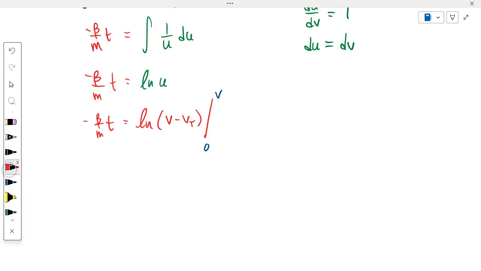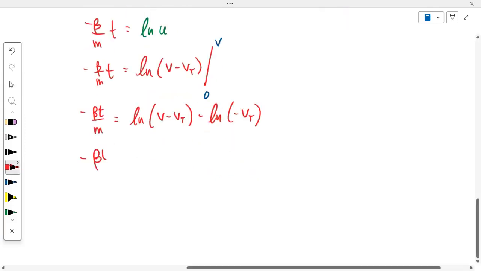Okay, so let's evaluate. This gives us the natural log of V minus V terminal, minus the natural log of, put 0 in for that, negative Vt.